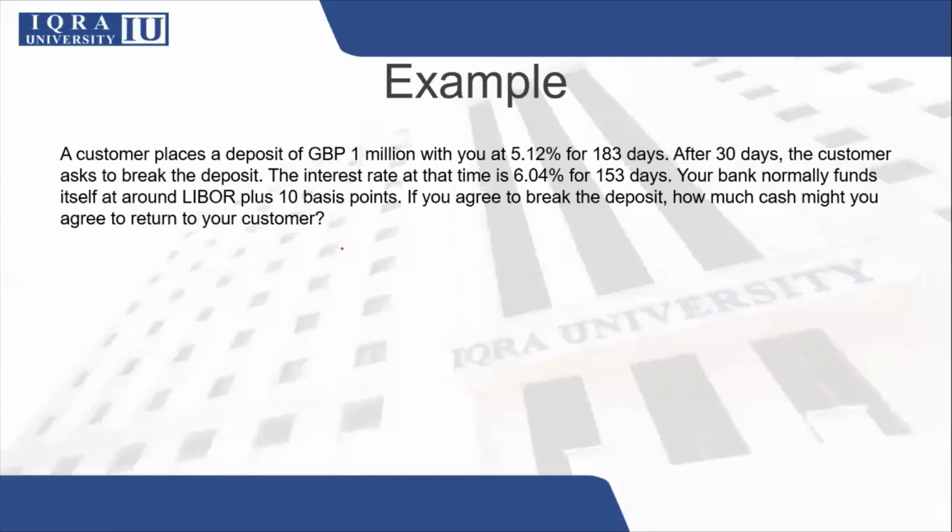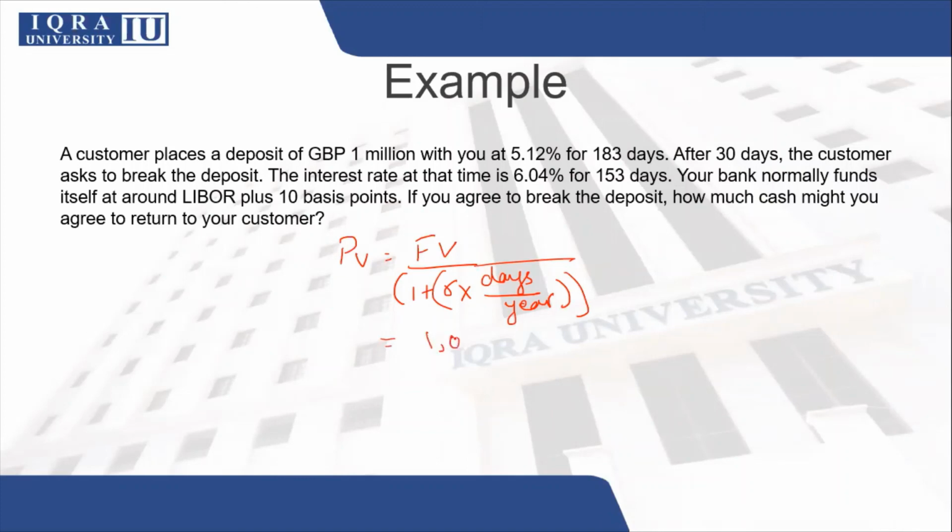Now let's calculate the present value. The formula to calculate present value is future value divided by (1 plus r multiplied by days over year). The value that you want to discount is the maturity proceeds, which are 1,025,670.14.